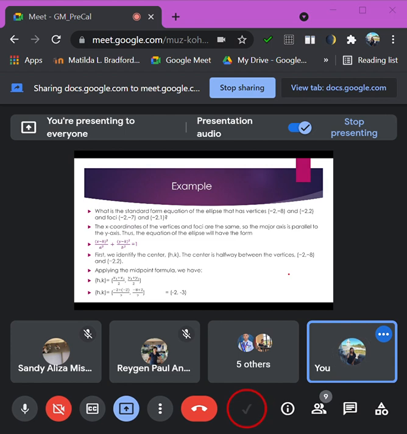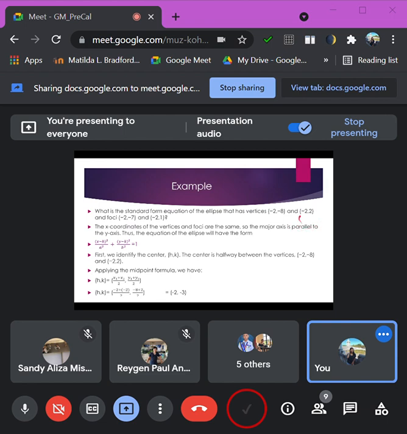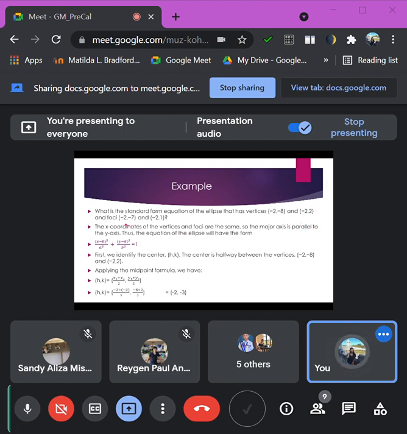Okay. So what is the standard form of the equation of the ellipse that has vertices -2, -8 and -2, 2, and foci -2, -7 and negative 2, 1? So, the vertices are negative 2, negative 8, and negative 2, 2. We have foci, negative 2, negative 7, and negative 2, 1. So, sa given na to class, unsa kaha ang iyahang graph?